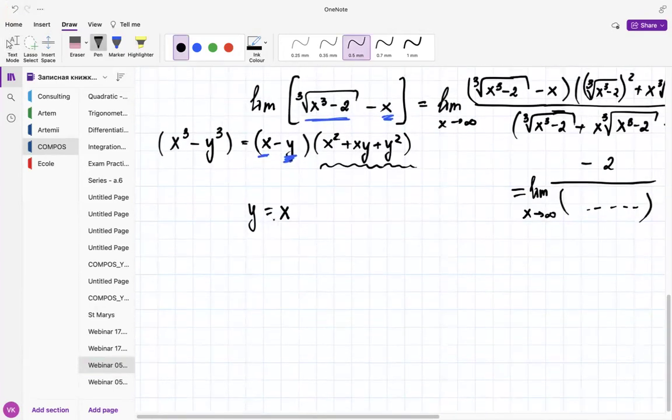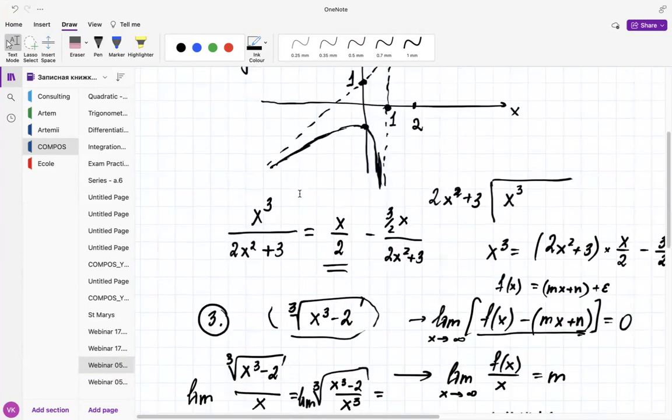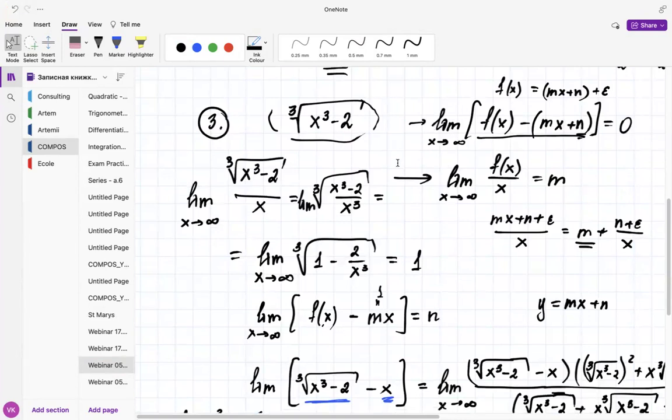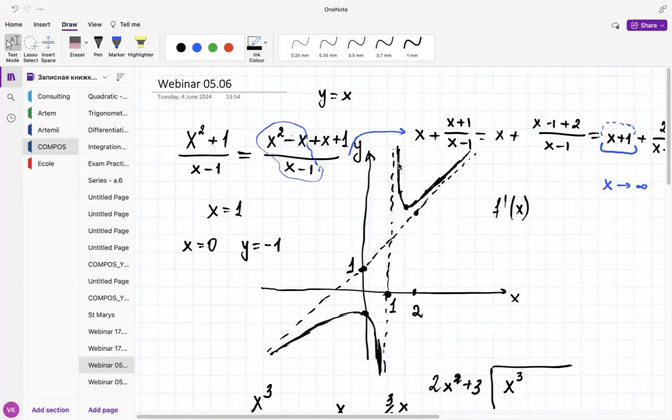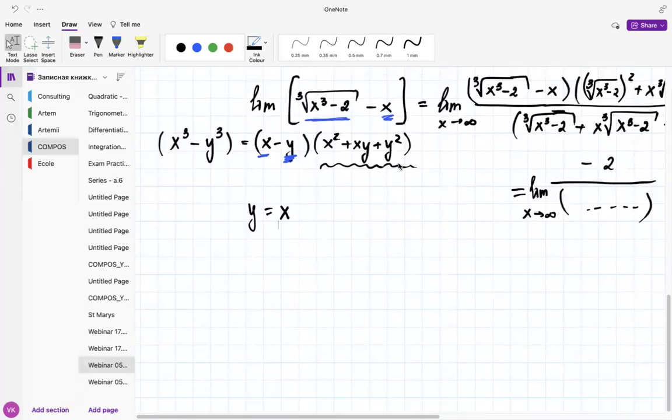Okay. These were some easy examples. We were basically playing around with the definition you had, or dealing with rational functions where we can see the slant asymptote from the formula itself.